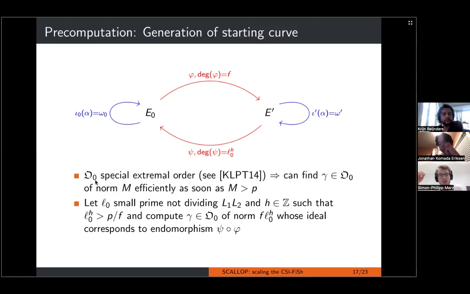We only know how to do it as soon as the norm is larger than P. That's just how it works. So we make an endomorphism with a factor F that is larger than P just by supplementing it with an additional factor L0 to the H. That's the idea.